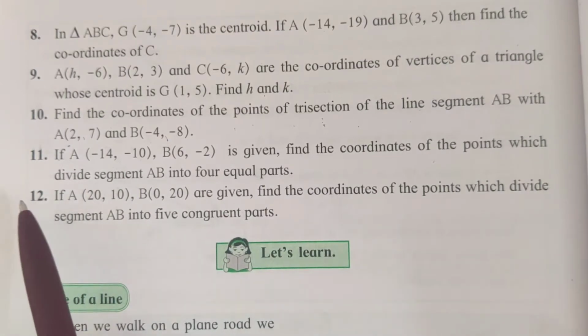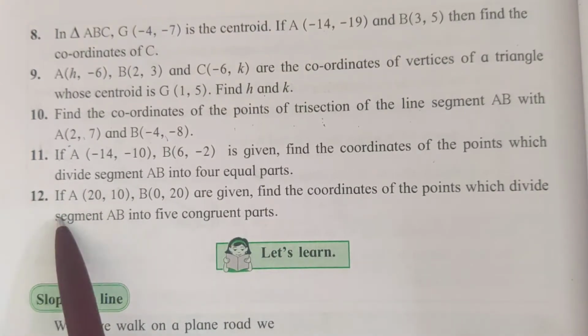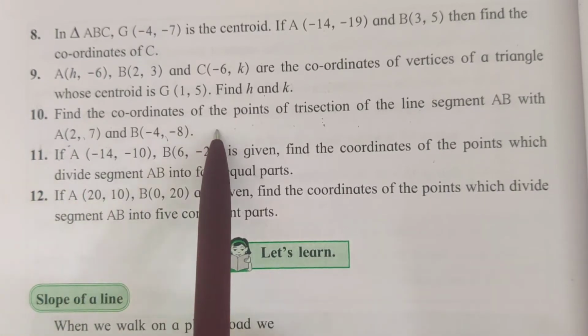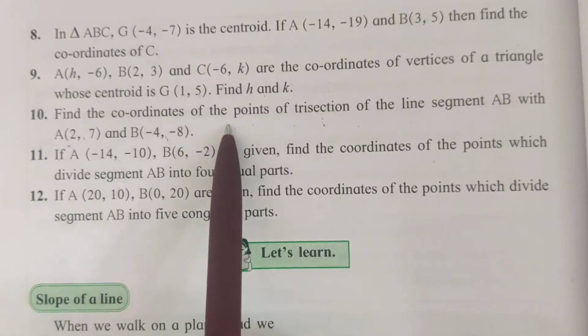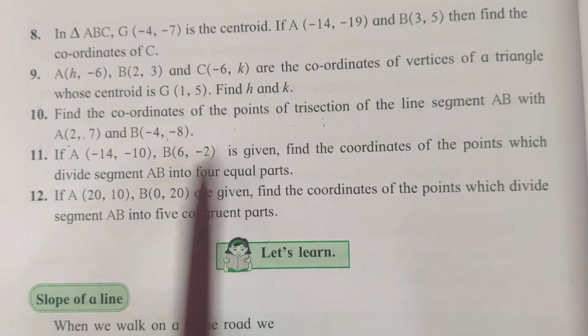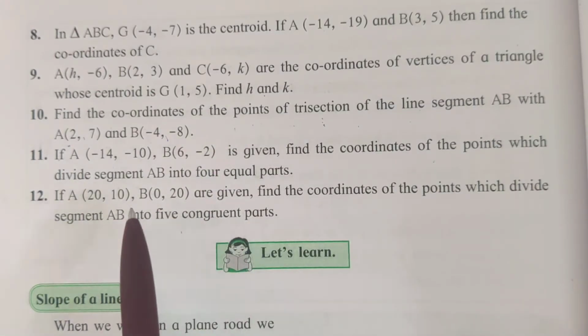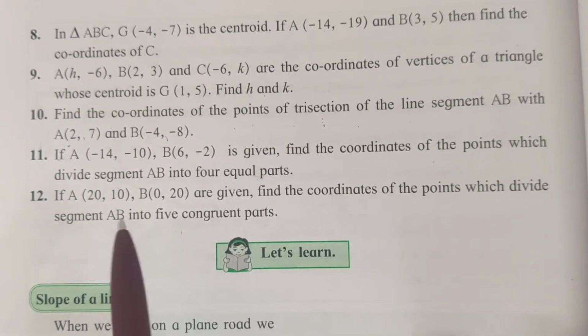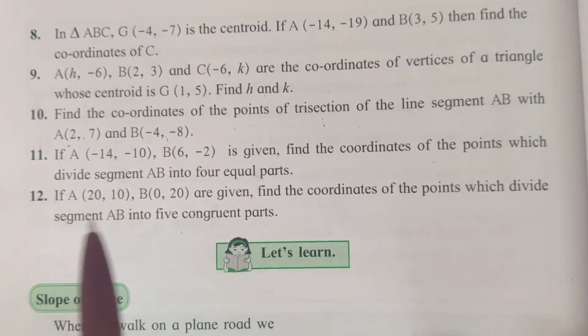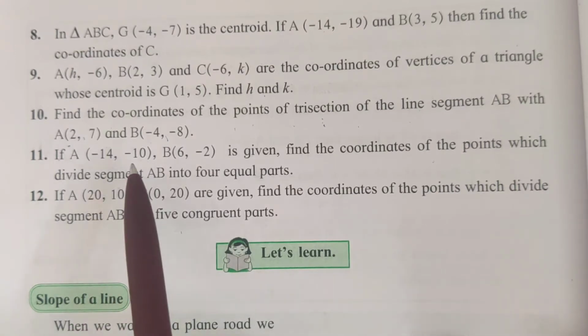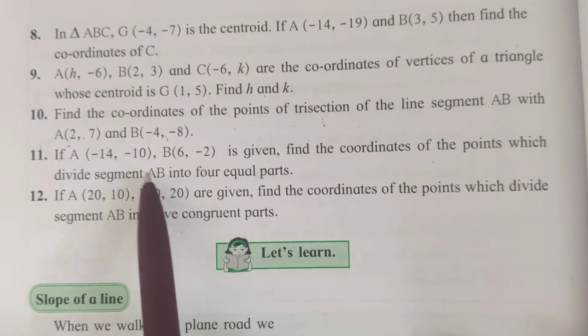But example number 12, you will solve on your own. The method which we followed in example number 10, you have to follow for this 12th example. Try to solve it. If you cannot solve it, then surely I will help you or I will solve it for you. But today we will discuss example number 11.